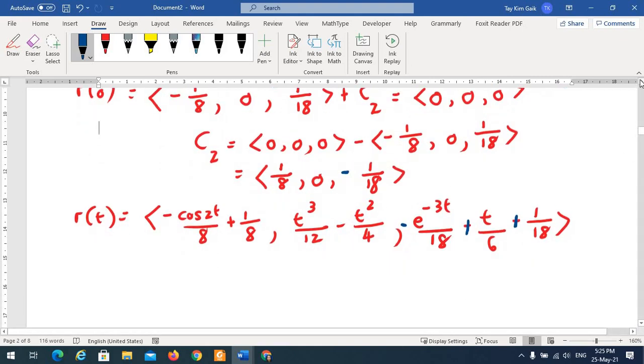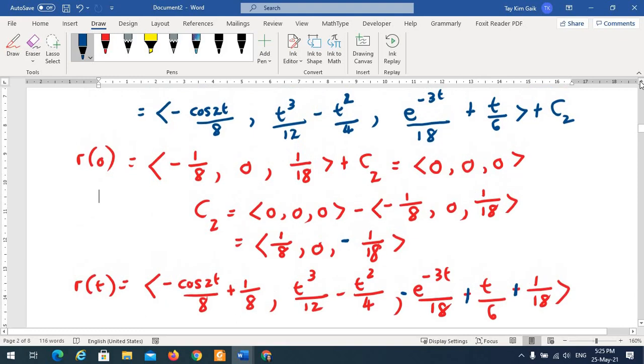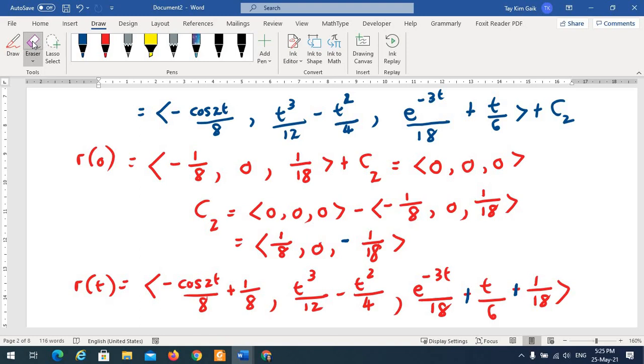And then lastly, r(t) is negative cos 2t over 8 plus 1 over 8. Component j plus 0 gets back the same. Component k is e to the negative 3t over 18, plus t over 6, negative 1 over 18.